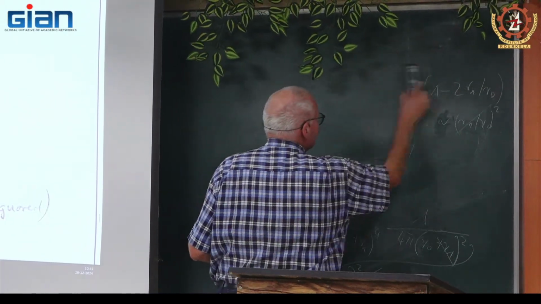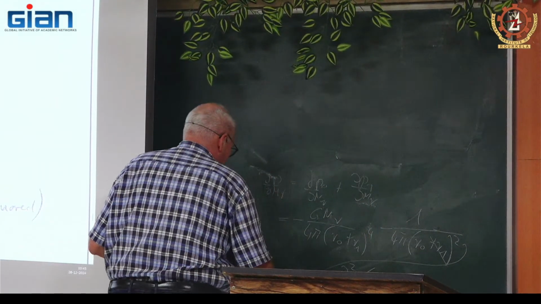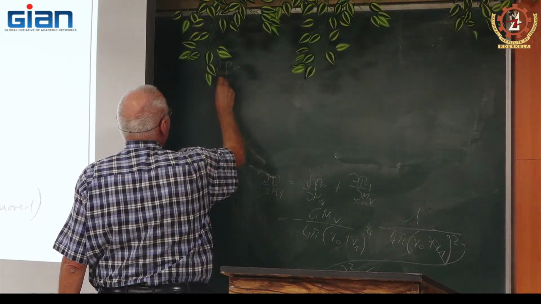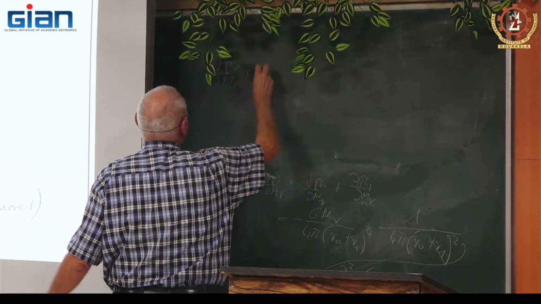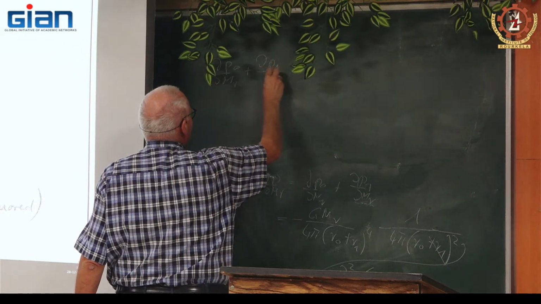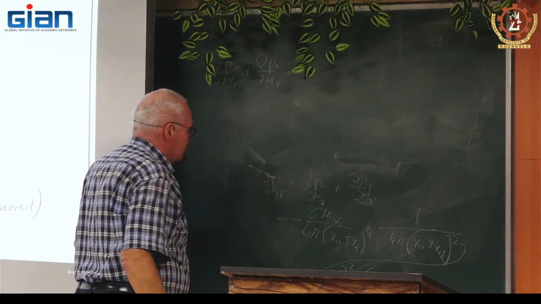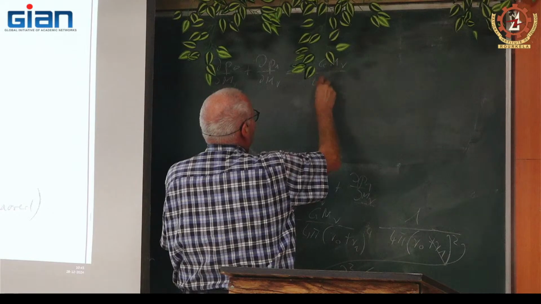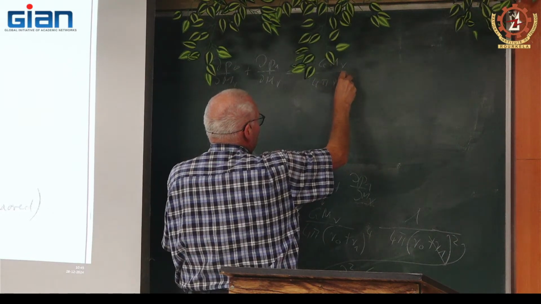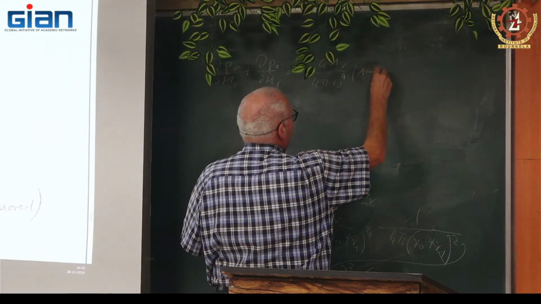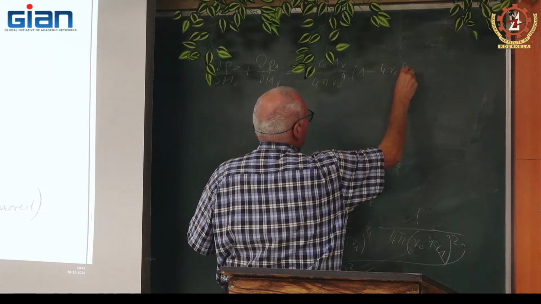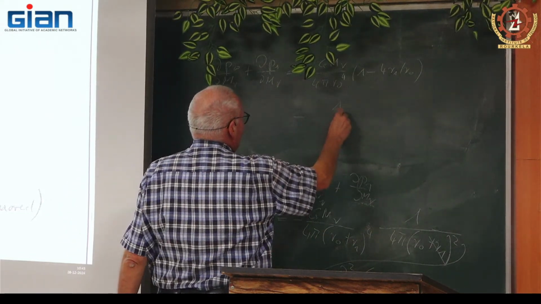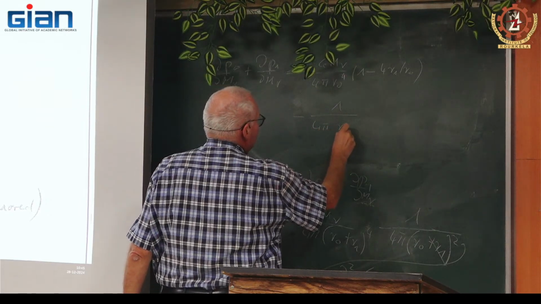As a result of the perturbation of the mechanical equation, on the left hand side we have dp naught by dm_r plus dp1 by dm_r, which is equal to minus GM over 4 pi r naught to the fourth times 1 minus 4 times r1 over r naught, plus or minus 1 over 4 pi r naught squared.